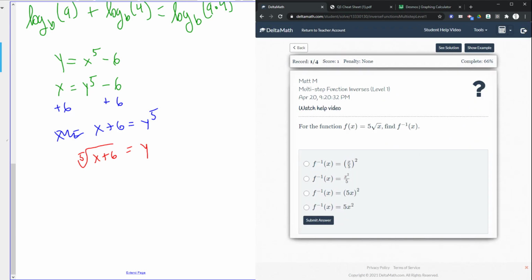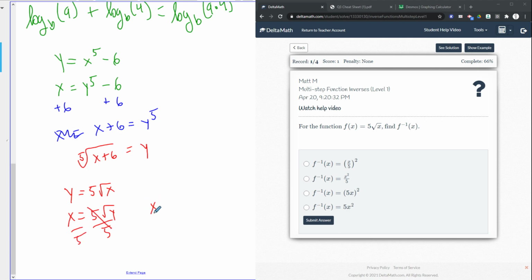Let's try another one. So we're starting with 5 root x, swap x and y. Now let's get y by itself. So I need to take care of the 5 first. I'm going to divide by 5 on both sides.